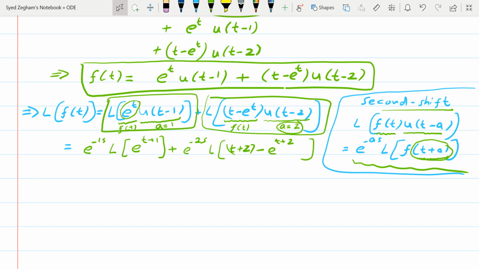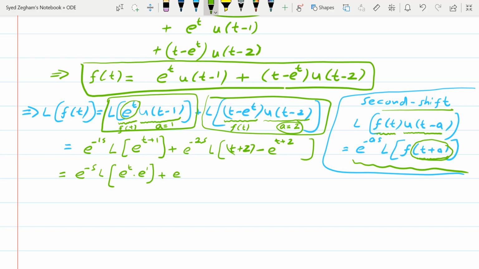Let us do some simplification and let us write the answer. So you are getting e to the power minus s, Laplace transform of, this we can write as e to the power t multiplied by e to the power 1, right?